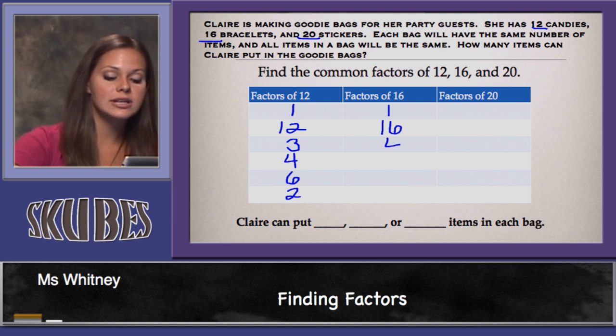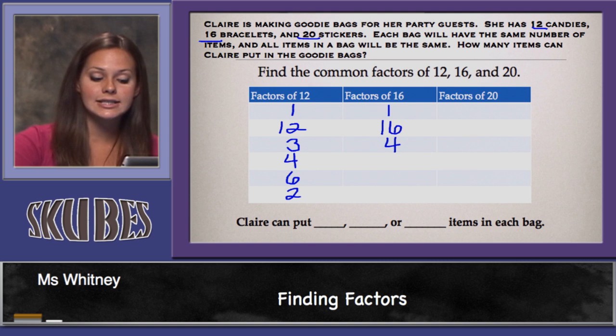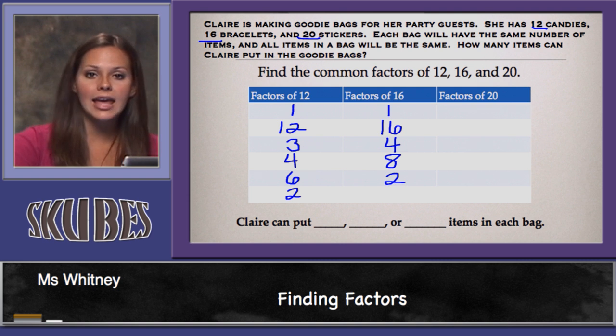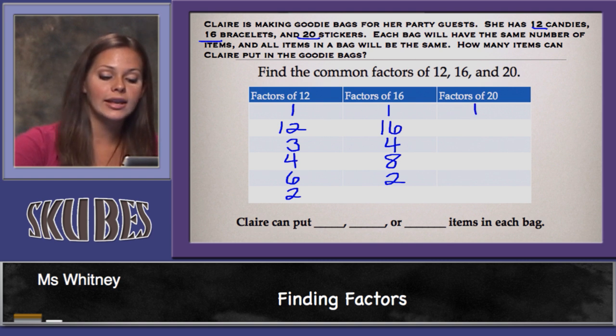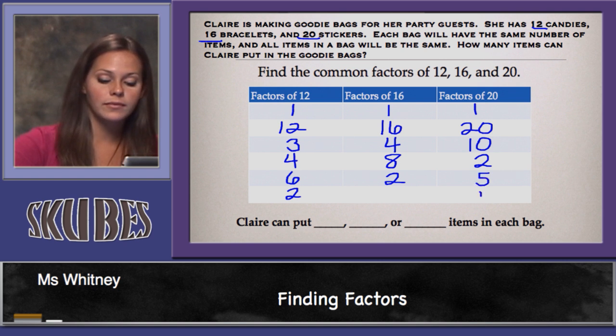I know that 4 times 4 is 16, so 4 is a factor of 16. And I know that 8 times 2 is 16. So 8 and 2 are factors of 16. Now let's find the factors of 20. I know that 1 times 20 makes 20, 10 times 2, and 5 times 4.